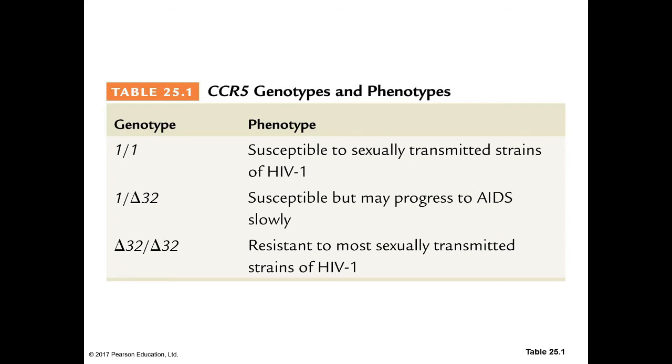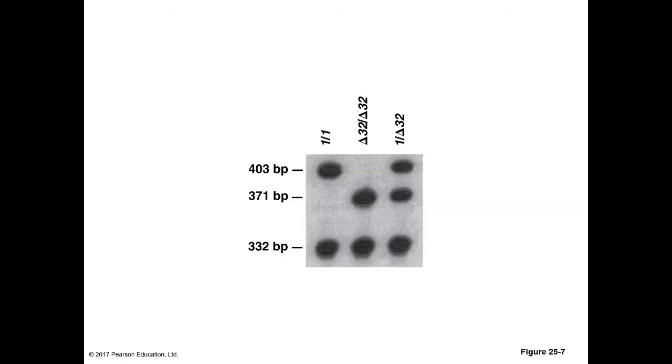Genotype 1/delta 32, heterozygous, is susceptible but may progress to AIDS slowly. People who are homozygous for delta 32 are resistant to most sexually transmitted strains of HIV-1. 1/1 is one genotype and 32/32 is another, but 1/32 would have all three bands.